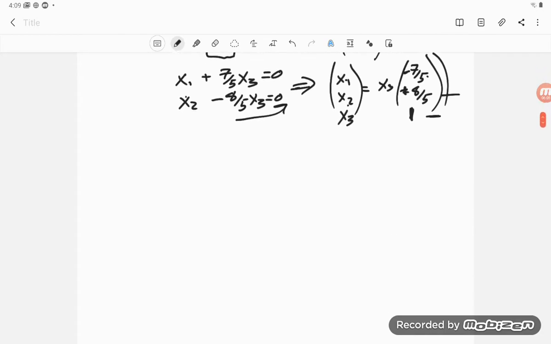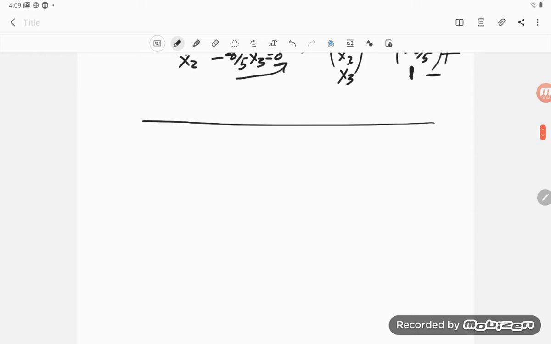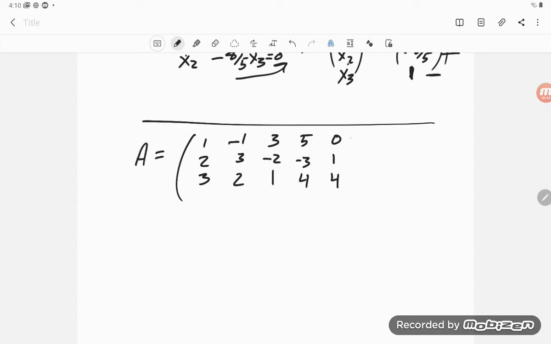The second example I did with Sage was I took that original 3x3 and tossed some more rows to it. So I had 1, 2, 3, negative 1, 3, and 2, 3, negative 2, 1, 5, negative 3, and 4, and 0, 1, and 4.